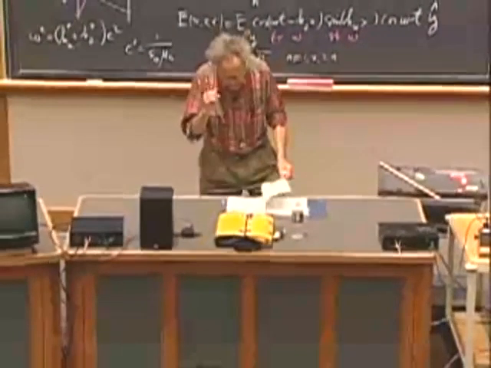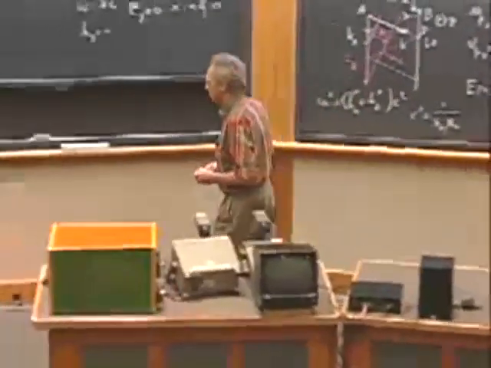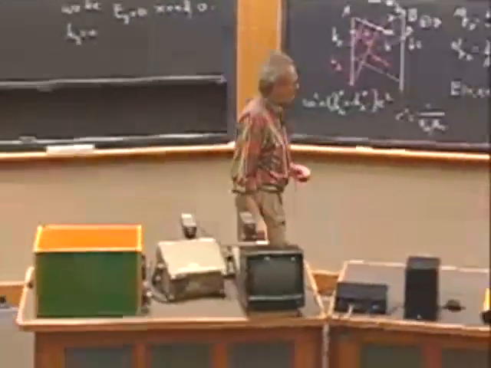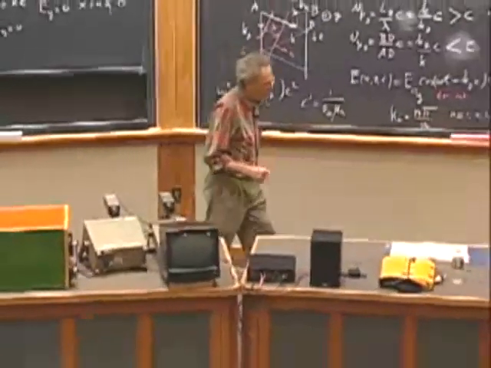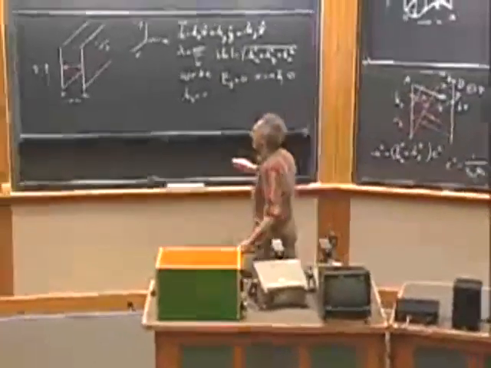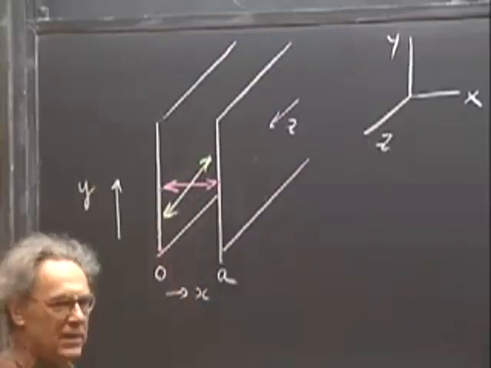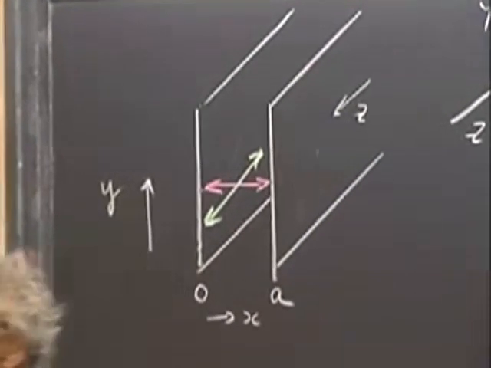Because what that means is that if the radiation that you send in had a component both in the y and in the x direction, I can do that, right? I can send radiation through that is linearly polarized like this. Then something unbelievable is going to happen.